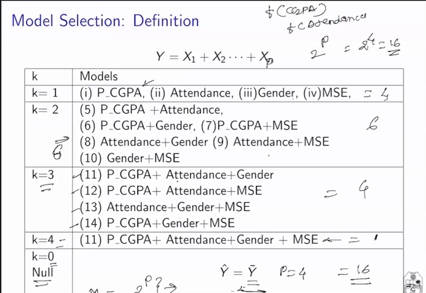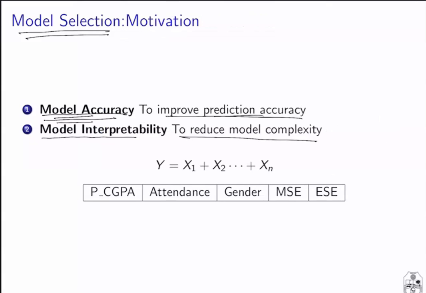If the model is using two input variables, that model is simpler as compared to the model using three variables. So we want to improve the model interpretability or to reduce the model complexity. So this is the objective of the model selection step.